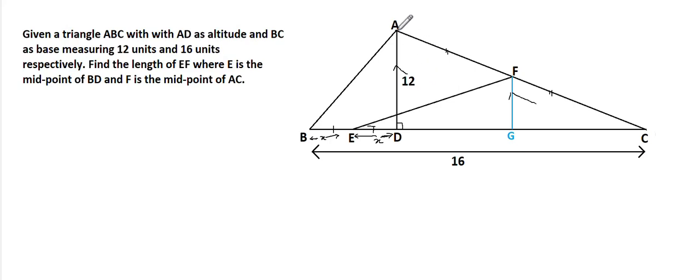We had already been given the information that F is the midpoint of AC. Now, if we focus on triangle ADC, we can use the midpoint theorem. Since FG is parallel to AD and F is the midpoint, G will be the midpoint of DC.